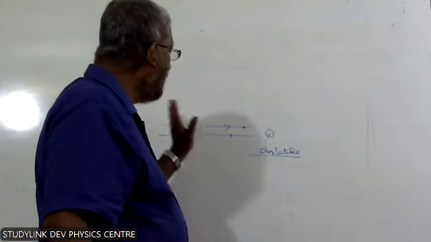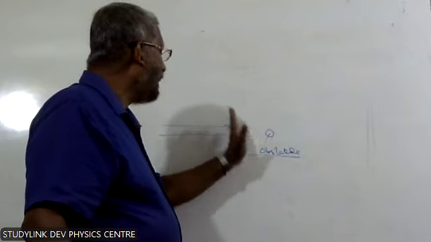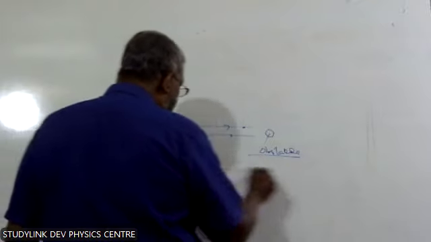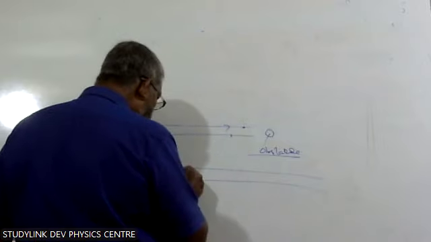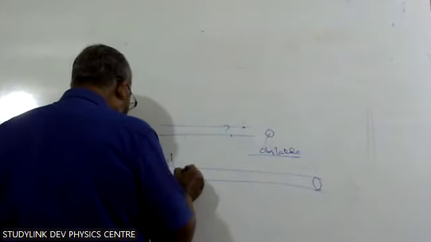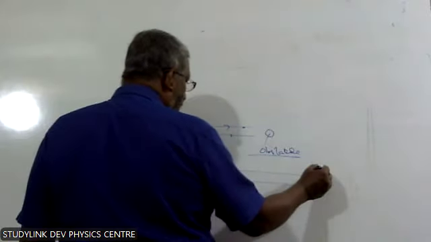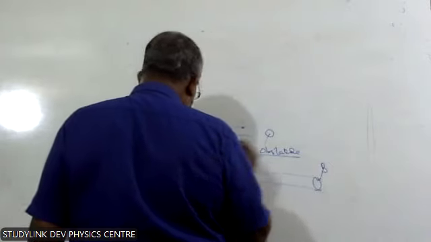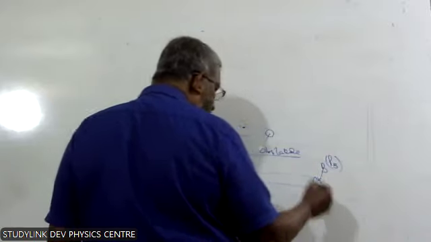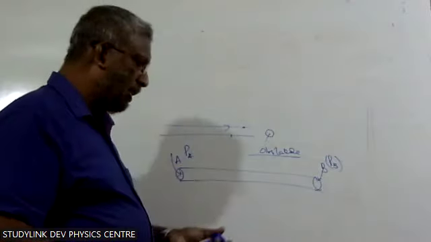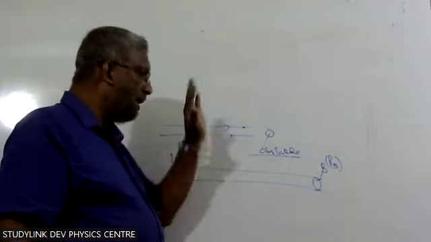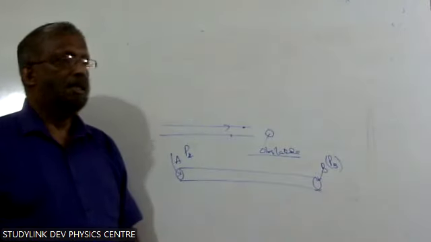Then this will become turbulent. Second one, if it is a pipe, the pressure difference between the two ends, PA, PB, is changed. That means one side pressure changes, then steady flow becomes turbulent.